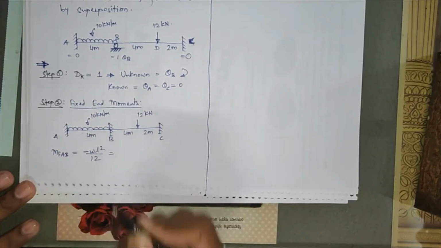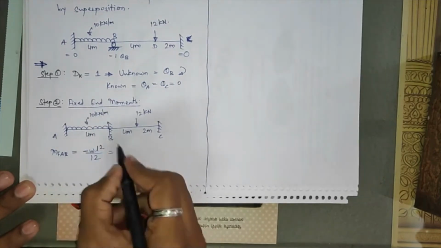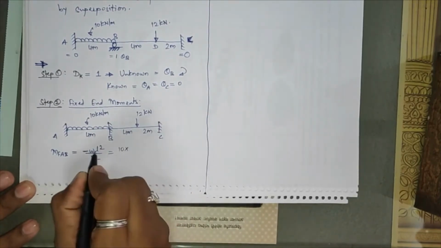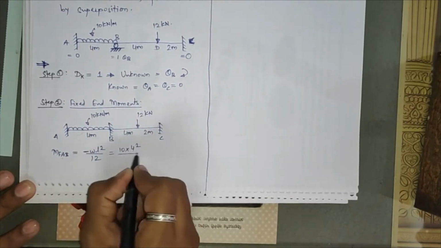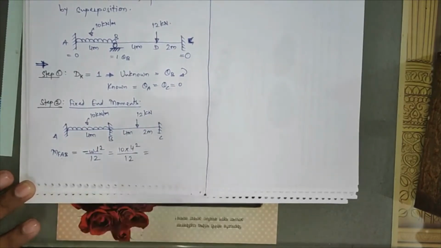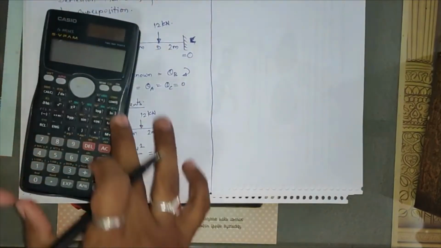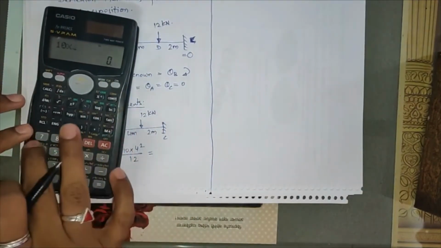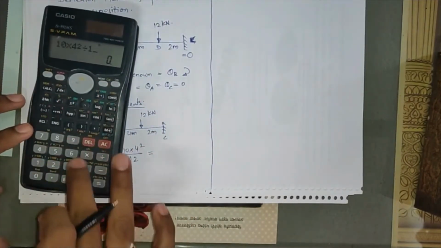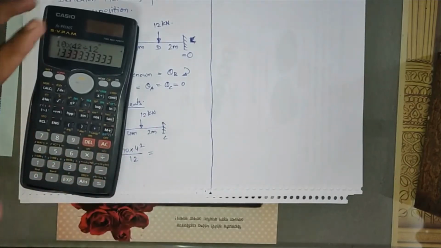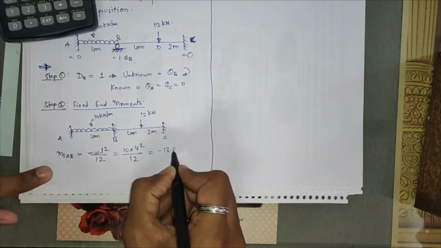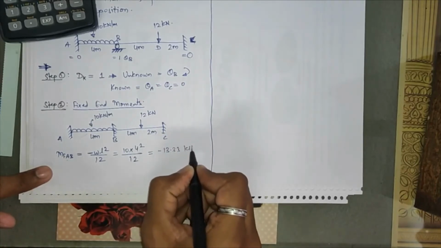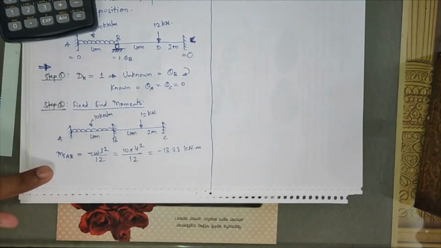So how much does this value come to? W is given as 10, multiplied by the length of member AB, which is 4 square, divided by 12. We will calculate this value: 10 into 4 square divided by 12. So that comes to minus 13.33 kilonewton meter. Since it is a moment, it will come in kilonewton meter.